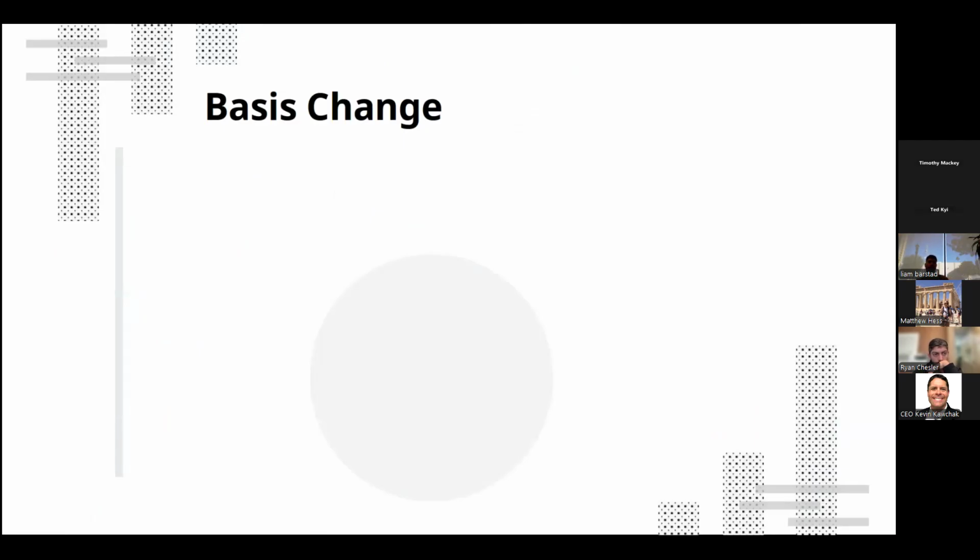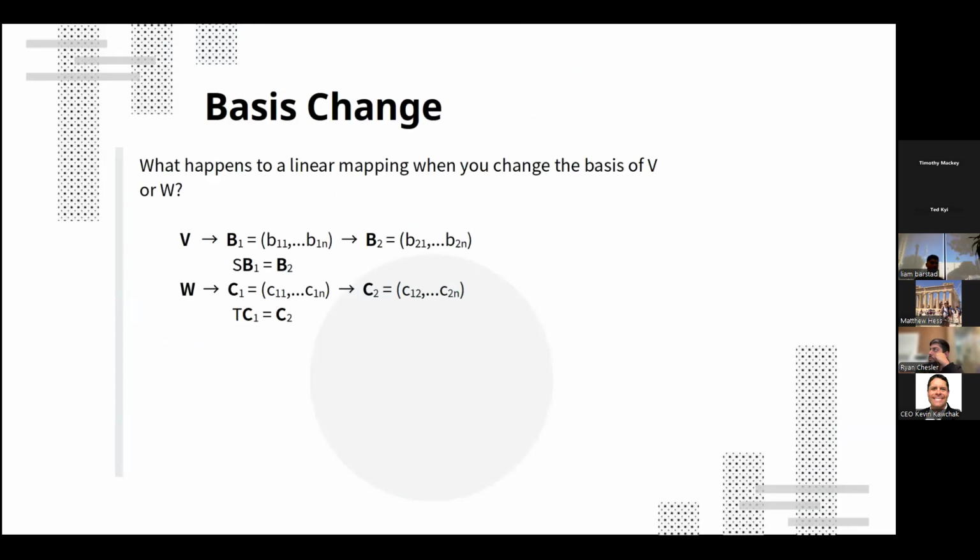As far as basis change, this is the next section in the chapter. And this just answers the question, what happens to that linear mapping if you change the basis of V or W? The way to think of it is relatively simple.